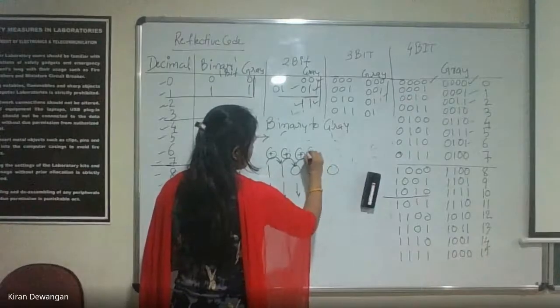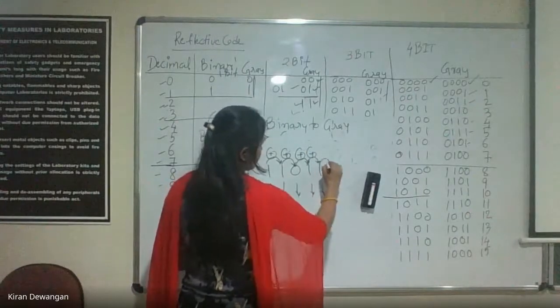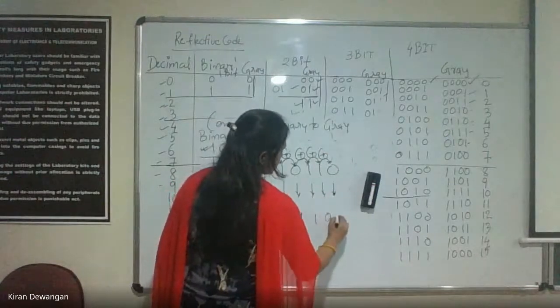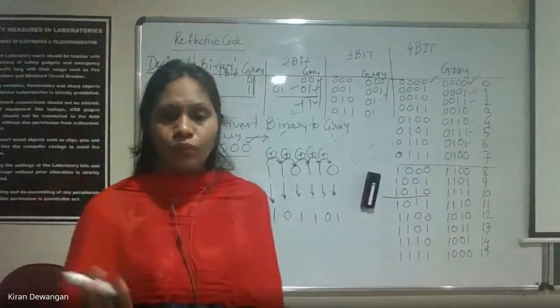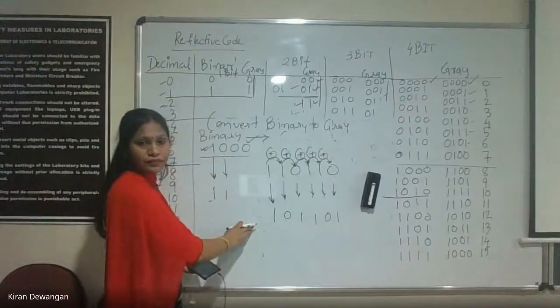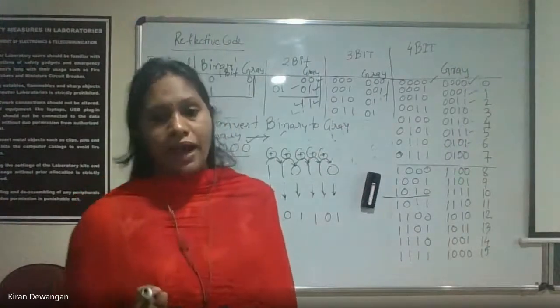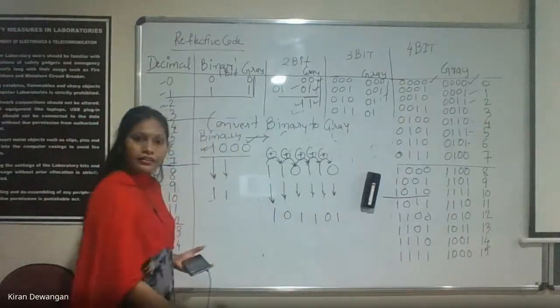These two XOR, 1 and 1 is 0. These two XOR, 1 and 0 is again 1. So 1 0 1 1 0. I guess the concept is clear to everyone. Clear, right? Here we are using binary to convert to gray code.